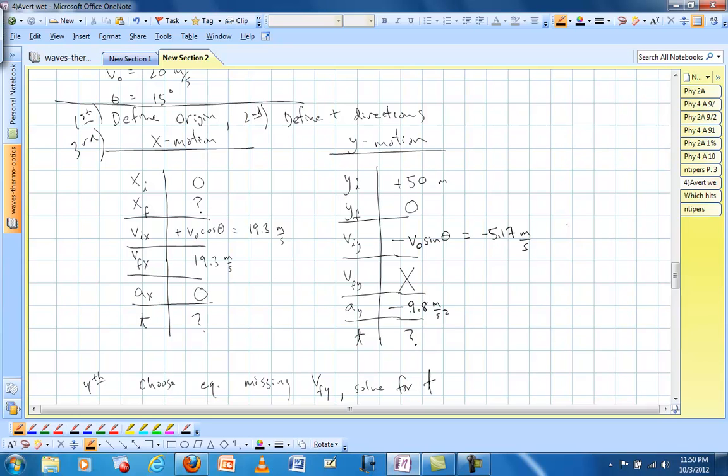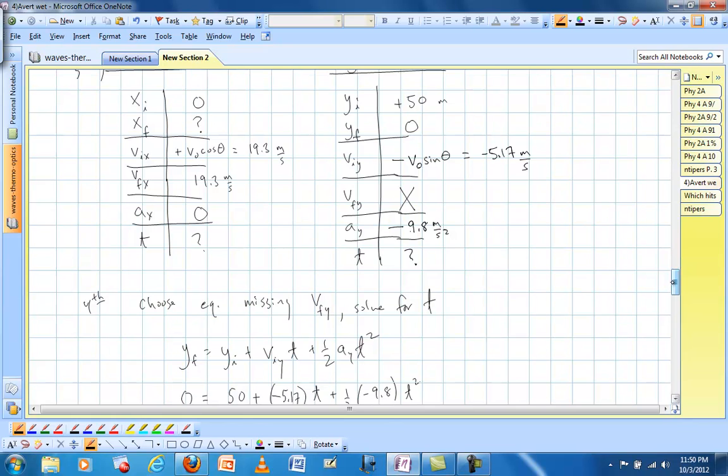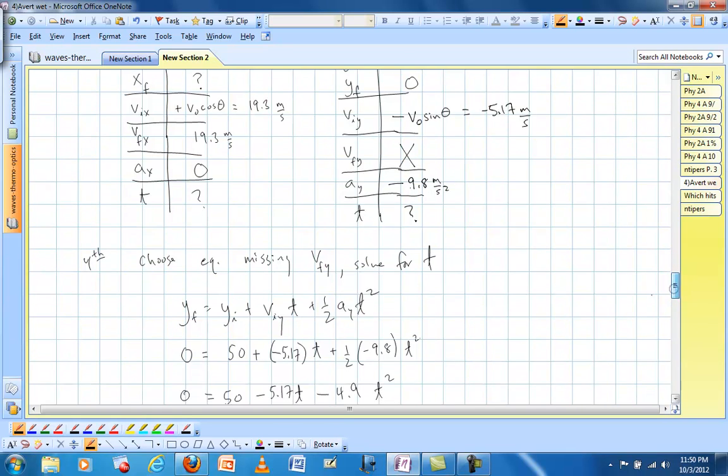So the fourth thing we do is we choose an equation that's missing the variable we don't care about, in this case Vy final, and then we solve for time. The equation I would use is this one. It's y final is y initial plus v initial t plus 1/2 at squared. There's no v final in that equation. I plug in everything I know, and I'm very careful to keep the signs with the numerical values as I go.